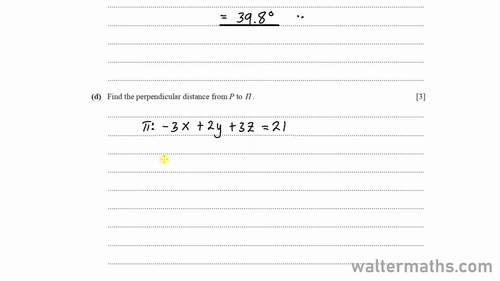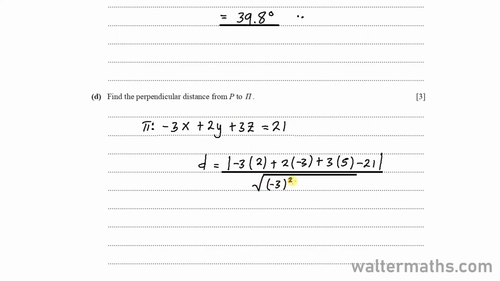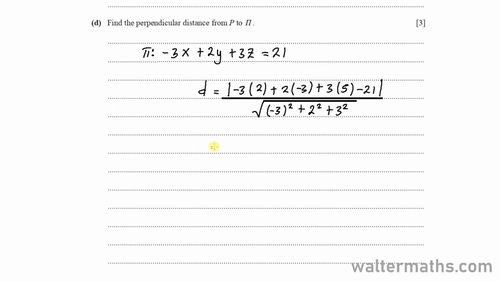So therefore, we'll be saying d is equal to the modulus of minus 3 of 2 plus 2 of minus 3 plus 3 of 5 minus 21, and that's over the square root of minus 3 squared plus 2 squared plus 3 squared. So we can simplify this.